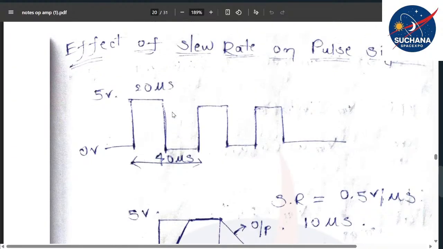In that condition, what happens is, if you provide some input, for example something like 5 volt, here it's a pulse signal. But assume it's a straight line, that means no frequency. If you take a DC voltage, for DC there will be no frequency, isn't it?